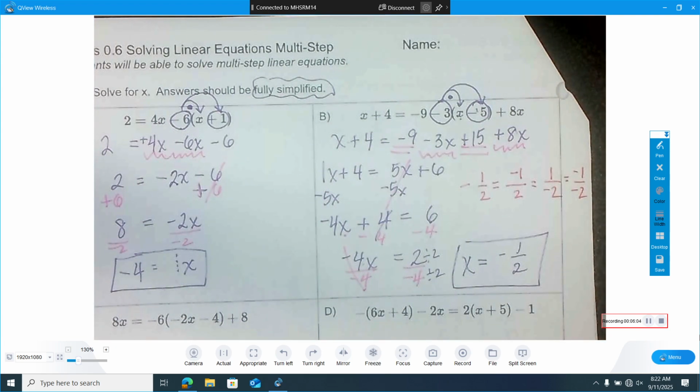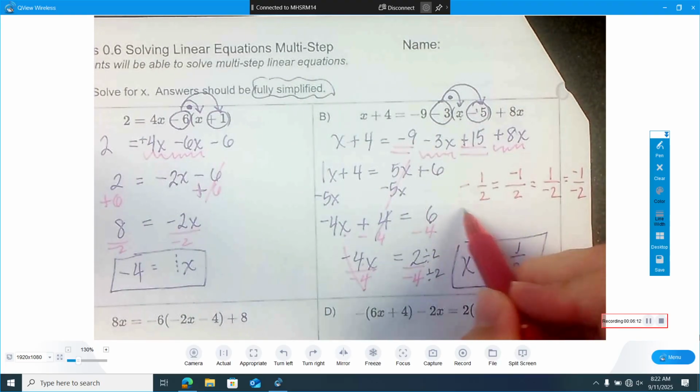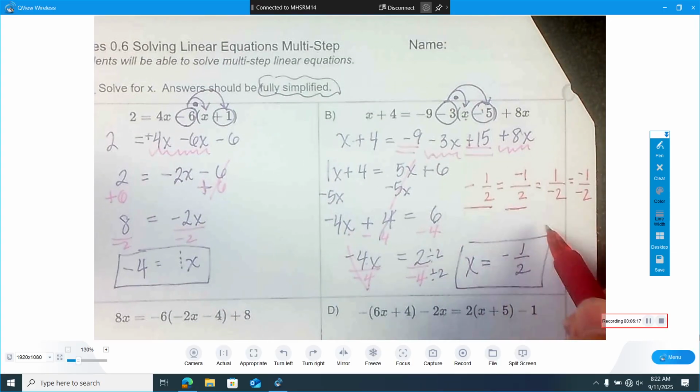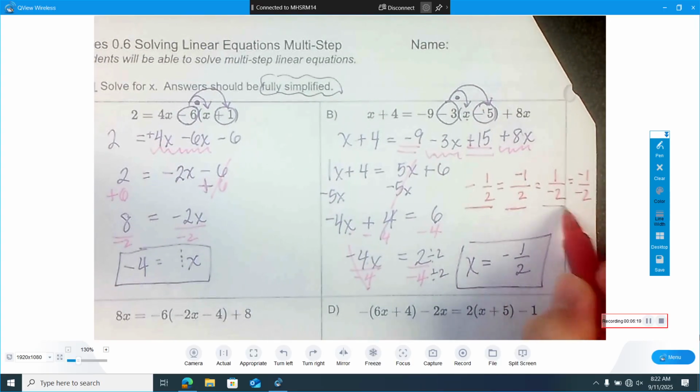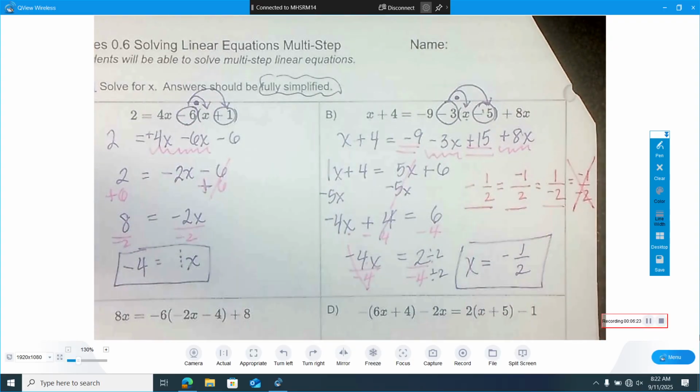Where do we put the negative? Only one is not like the others. It doesn't matter if you put the negative way out in front. It doesn't matter if you put the negative on top. It doesn't matter if you put the negative on the bottom. It does matter if you give me 2 negatives, because it changes to positive if there's 2, okay?